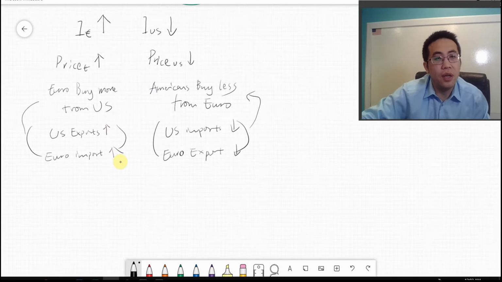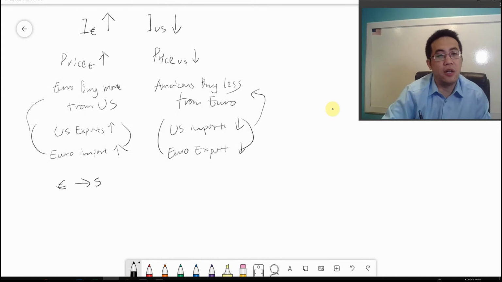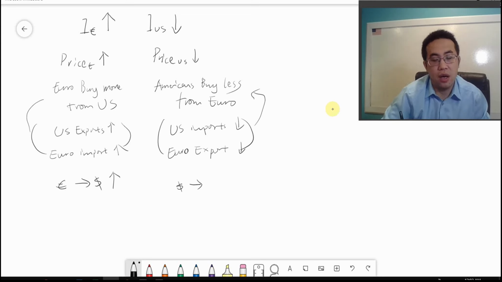If the Europeans are buying more from the US, then they will need to convert euros to dollars, and that conversion increases. When Americans buy less from the Eurozone, they need to convert dollars to euros less, so such conversion becomes less.